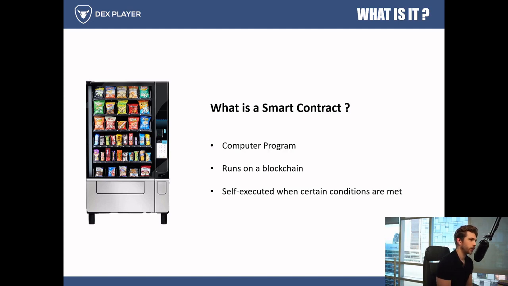The vending machine is like a smart contract in the sense that it will self-execute once certain conditions are met. And these conditions are, first, enough money for the item that you want, and secondly, the right selection for the item that you want. And when these two conditions are met, the machine will automatically execute and give you the product that you asked for.